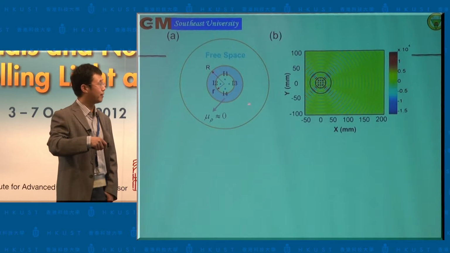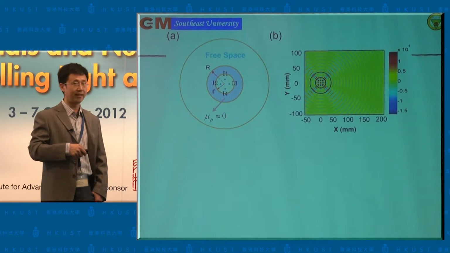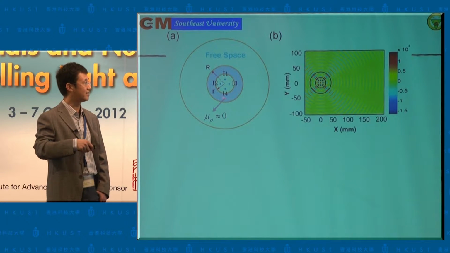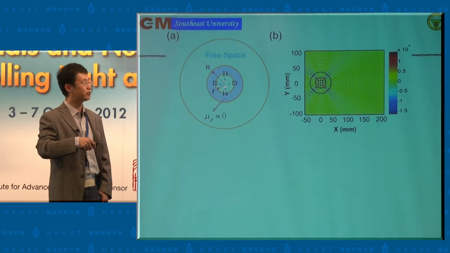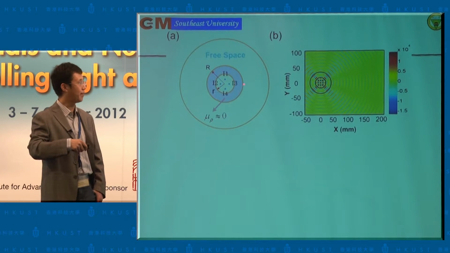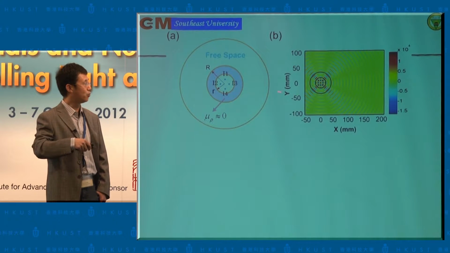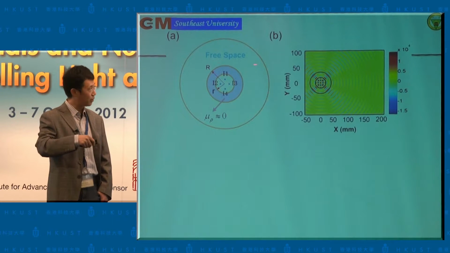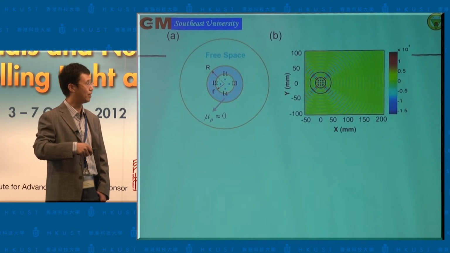Now we take a look at the simulation results. This is a full wave simulation when we put four point sources inside the anisotropic zero-index metamaterial. Without the anisotropic zero-index medium, it will radiate directionally. We have four beams, very apparently.